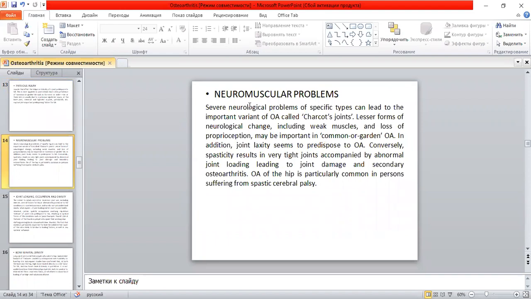In addition, joint laxity seems to predispose to osteoarthritis. Conversely, spasticity results in very tight joints accompanied by abnormal joint loading, leading to joint damage and secondary osteoarthritis. Osteoarthritis of the hip is particularly common in patients suffering from spastic cerebral palsy.